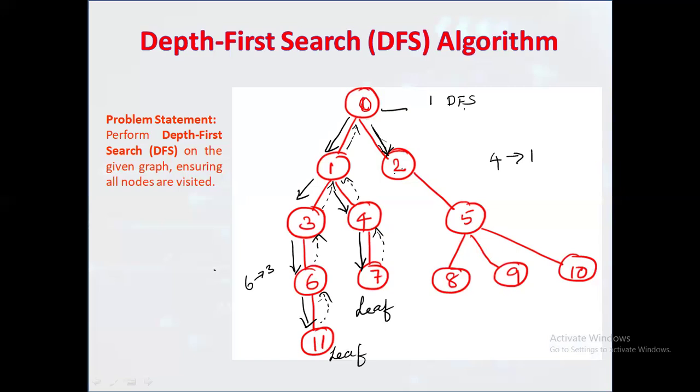Node 2. The algorithm moves to node 2, pushing it onto the stack and continuing the traversal. Next, from 2 to 5. From node 2, the algorithm moves to node 5, adding it onto the stack for further exploration.